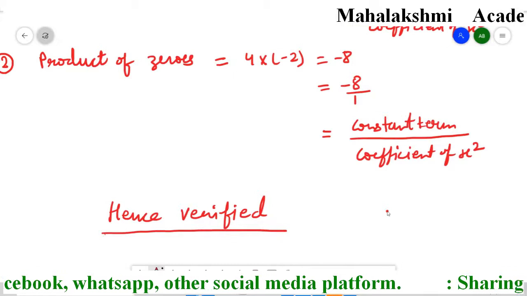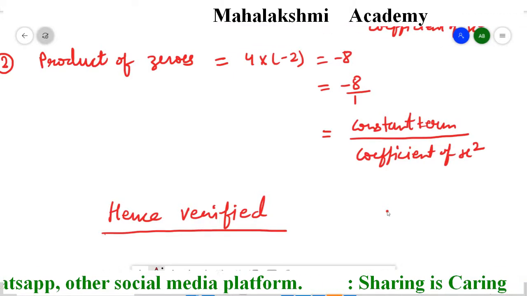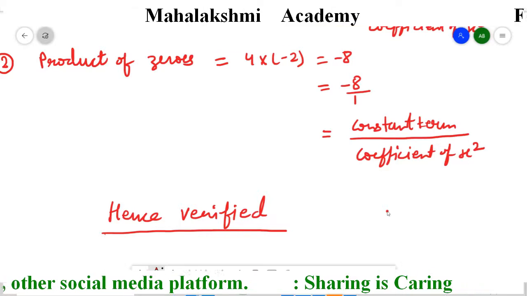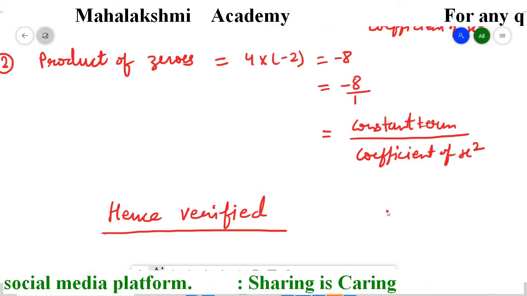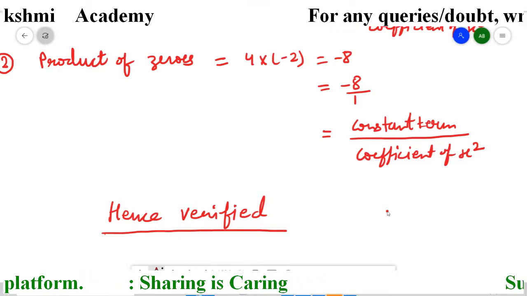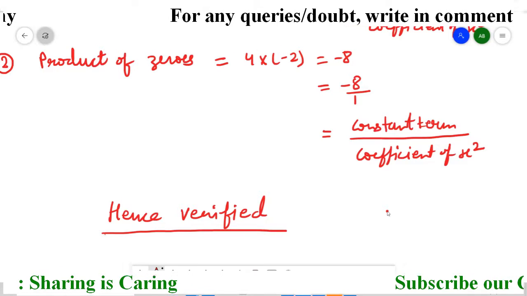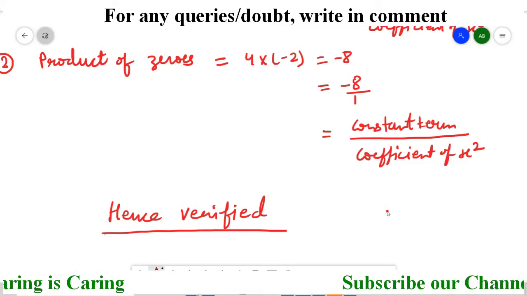To do these questions, first you must learn the relationship between the zeros and the coefficients, and after learning it, you must have knowledge of factorization. Only then can you factorize and get the zeros.